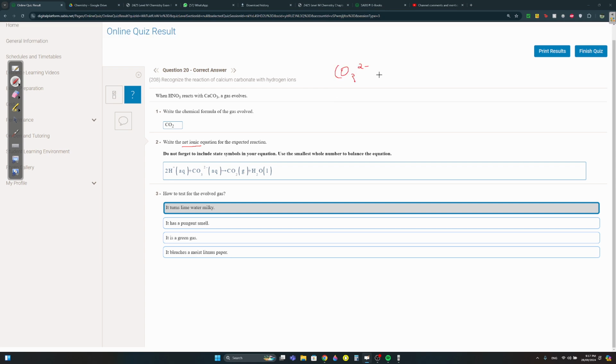CO3 2- plus H+ produces CO2 gas plus H2O, water, liquid. Balance: you're going to put a 2 here. That's it. Of course the state symbols, the ions are always aqueous, this is gas, this is liquid. How do you test for this gas? Obviously CO2. You have to see if it turns lime water milky.